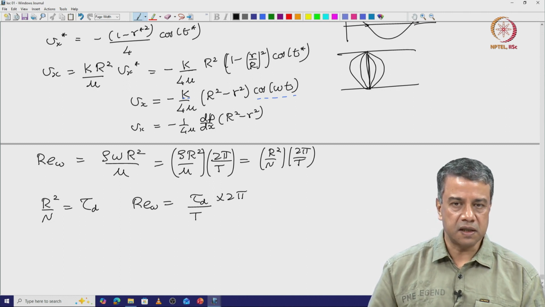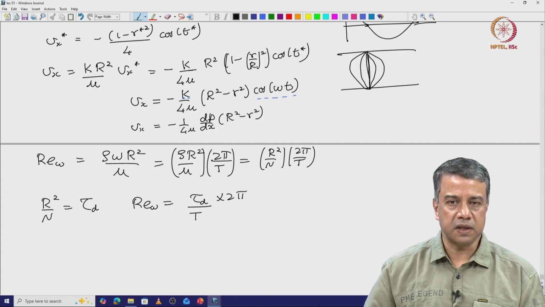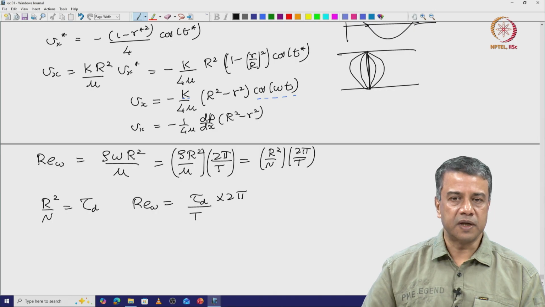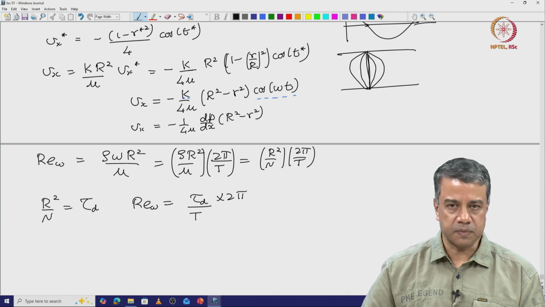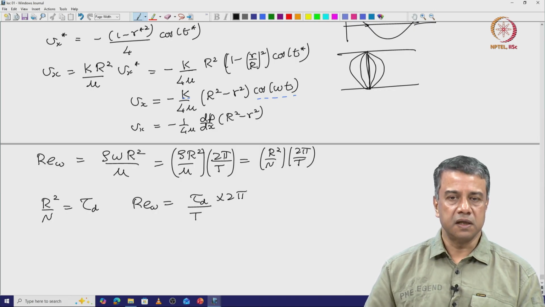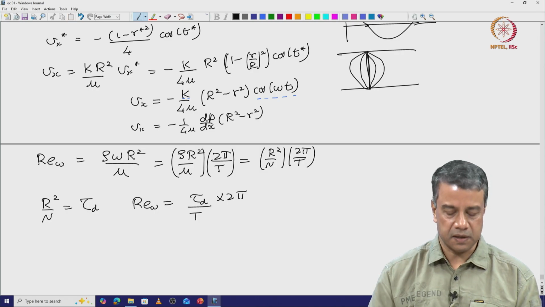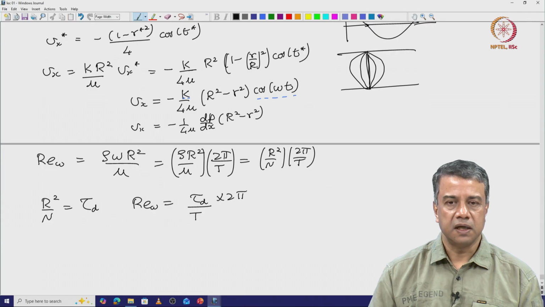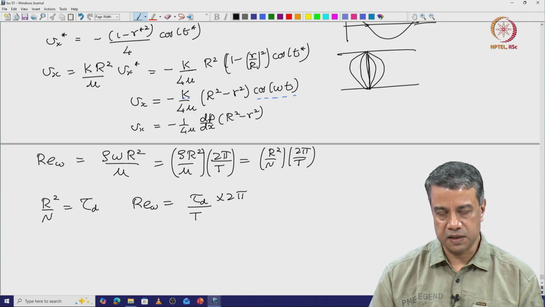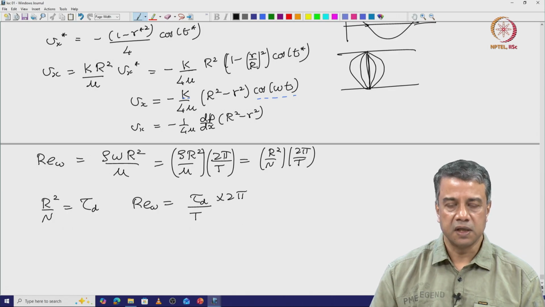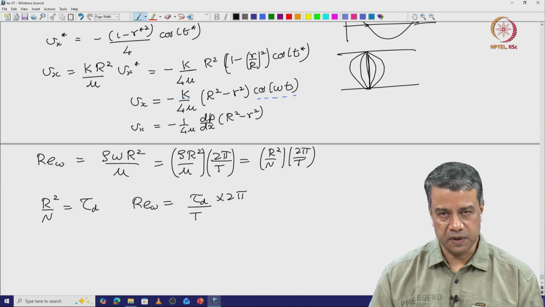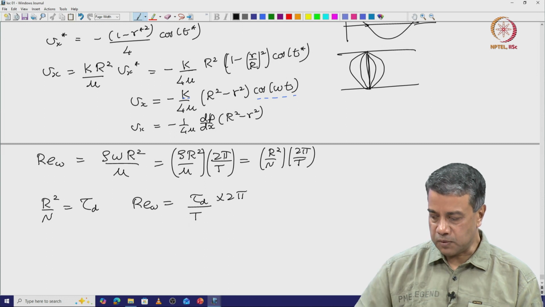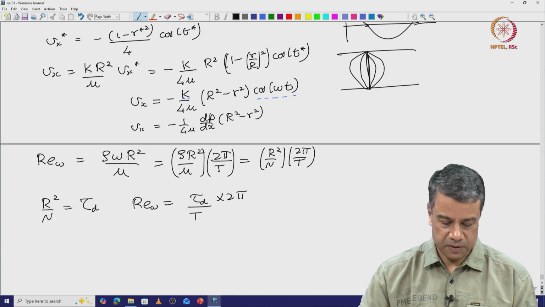So, at each instant in time momentum is diffusing instantaneously across the pipe for that particular instantaneous value of the pressure gradient. That means you are getting the same solution as you would get for a steady flow, because at each instant in time that momentum diffusion is an instantaneous process.